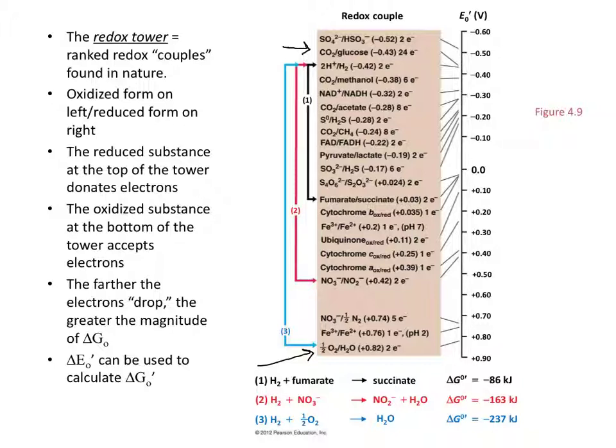Okay. Now at the bottom, we've got the oxygen and water couple. Again, the oxidized form is on the left, the reduced form is on the right. So during aerobic respiration, glucose gives electrons to oxygen, resulting in CO2 and water. Let's consider some of the numbers in this table. Every redox couple in the table is organized according to its redox potential.